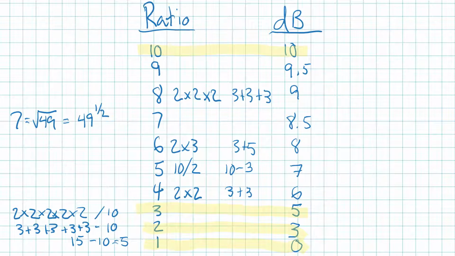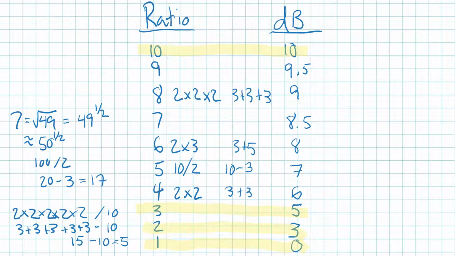Well, 49 is pretty close to 50, so we could say 7 is about the same as 50 to the 1/2 power. And 50 in dB is 100 divided by 2. So that's 100 is 10 squared, or 20 dB, minus 3. So 50 is 17 dB.